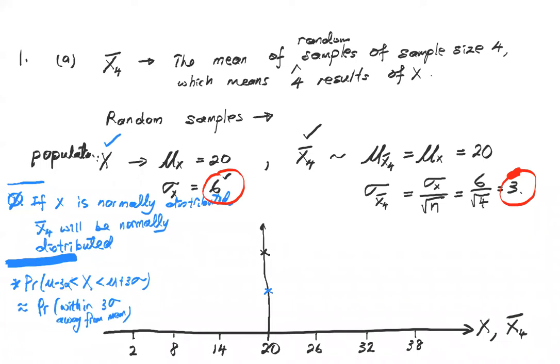For any normal distribution, we know that they will fade away at 3 standard deviations away from the mean because of this fact. The chances of getting out of 3 standard deviations away from the mean are very unlikely. So that's why it will touch.